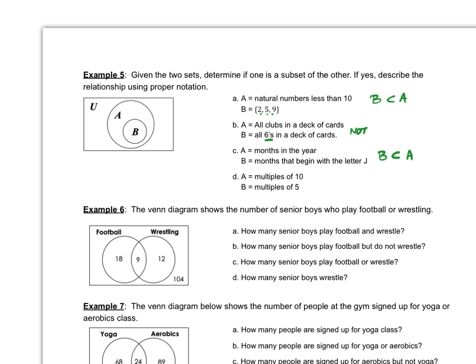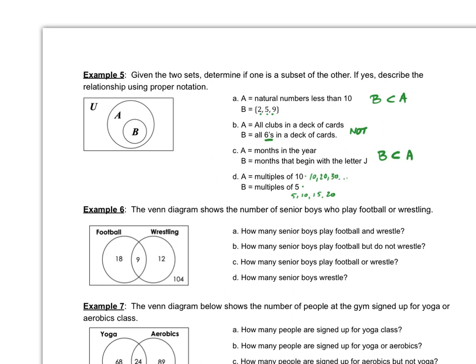And then A, we have multiples of 10, and then we have multiples of 5. Well, think about multiples of 5, we got 5, 10, 15, 20, or you have multiples of 10, which is 10, 20, 30, and so on.